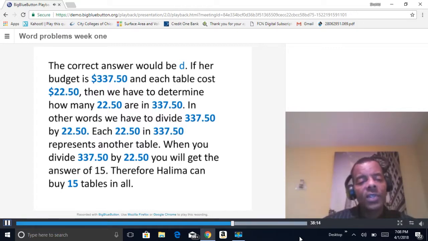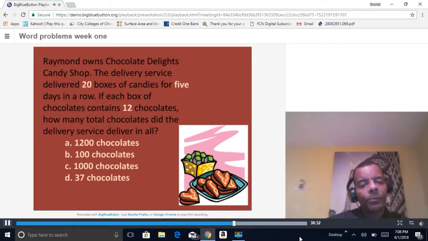So since there are 15 22.50s in $337.50, that allows Halima to purchase 15 tables in all. Does that make sense to you? I know it does, because you're an awesome, powerful math student. Let's go to our next problem.